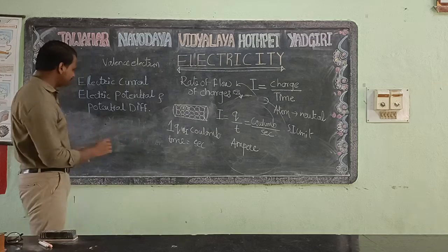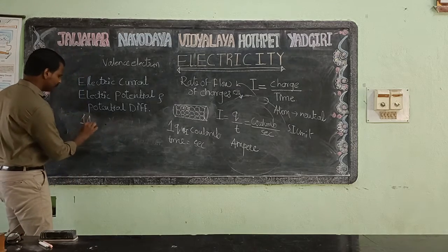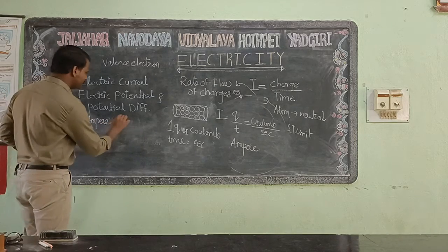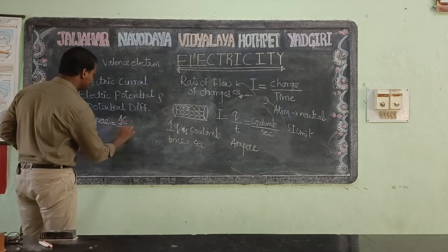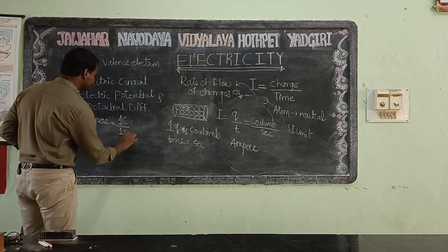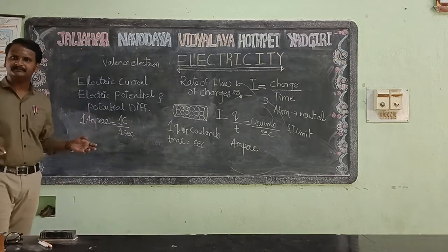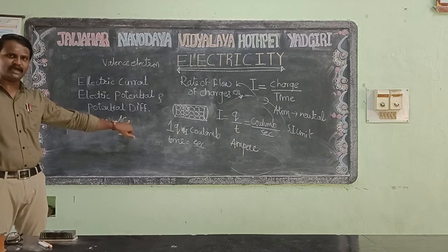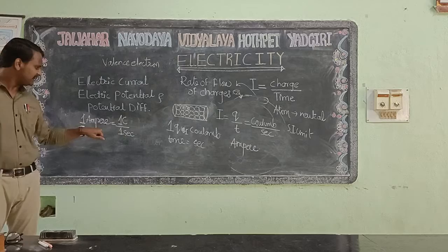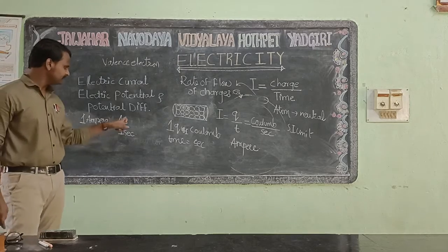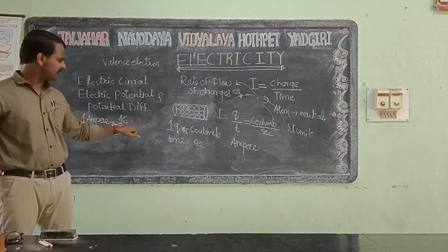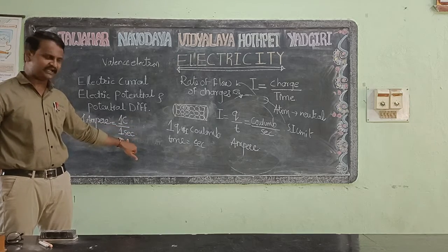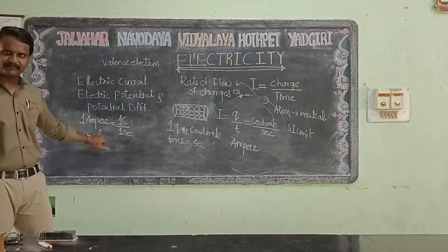So how can we define 1 ampere? 1 ampere means 1 coulomb per 1 second. When 1 coulomb of charge passes through a wire in 1 second, that is called 1 ampere.